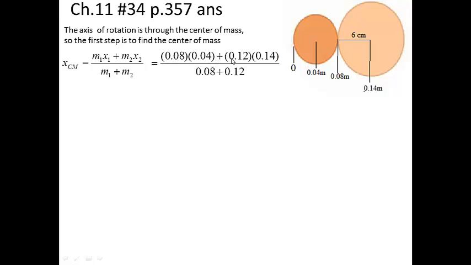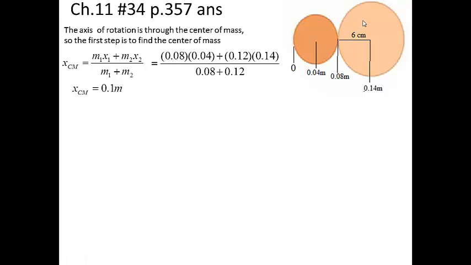The mass of the second puck is 120 grams, so 0.12 kilograms, and its center of mass is located at 0.14, as you can see in the diagram. So we get that the center of mass is at 0.1 meters compared to the origin, so that would be around here at this point.